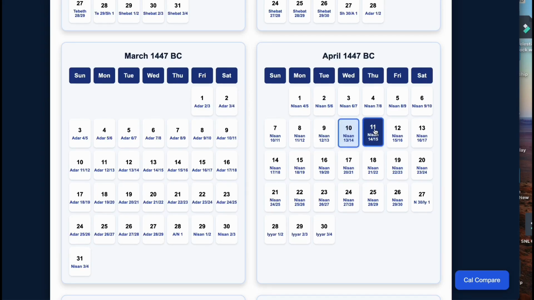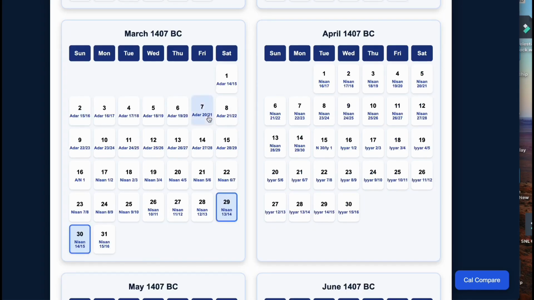So if they left on April 11th of 1447 BC, and you get to March 11th, then you'd have to say, okay, they encamped this day, the 12th, the 13th. They cross over Jordan on the 14th, which isn't the 10th, so we already ran into an issue. 1, 2, 3, 4, and that would be the date of Passover. But again, it doesn't fit, so that doesn't work either.